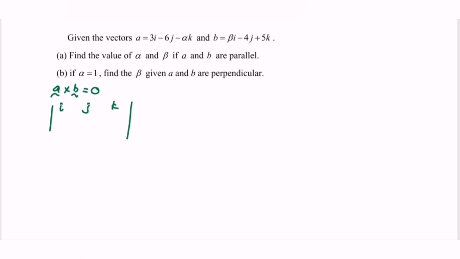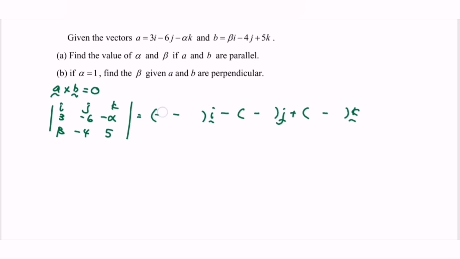So where we have A: 3, -6 and negative alpha; B: beta, -4, 5. So kindly find A cross B. Kindly close up the i and we have negative 6 multiplied with 5.